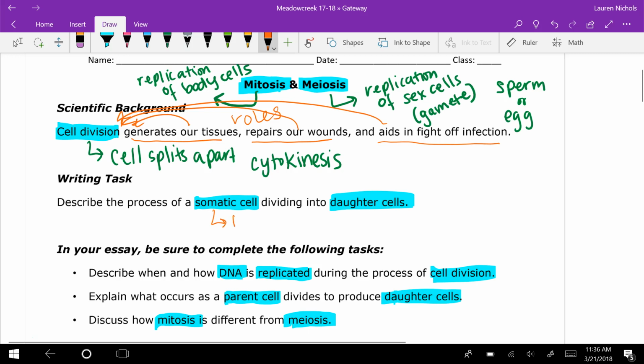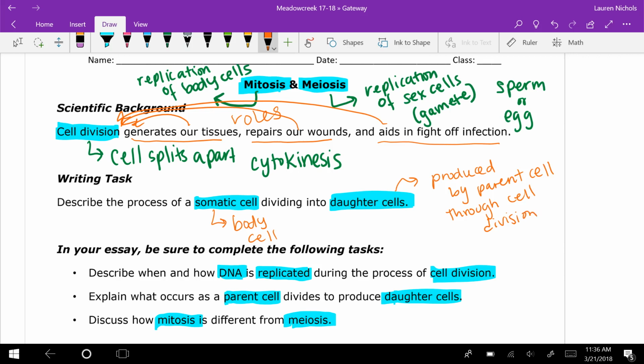A somatic cell is a body cell, okay, and daughter cells are produced by parent cells through cell division. Daughter cells can either be haploid or diploid, depending on whether you're undergoing mitosis or meiosis, and how many chromosomes they have.